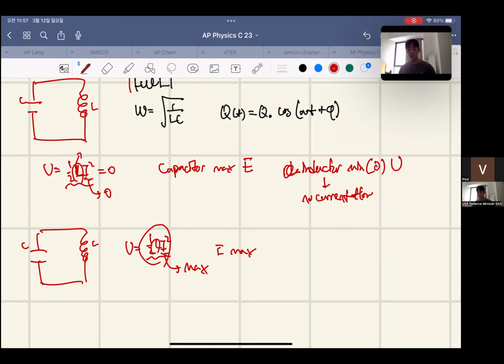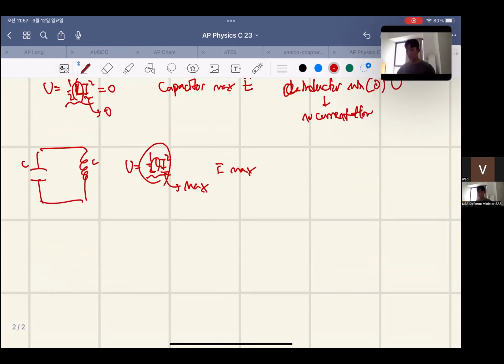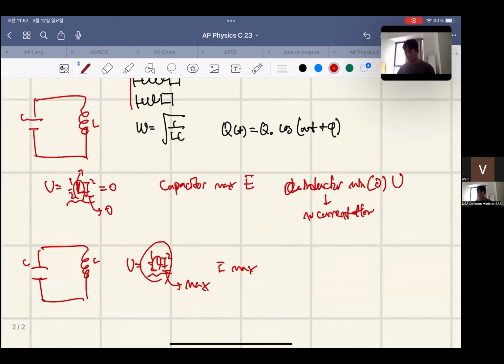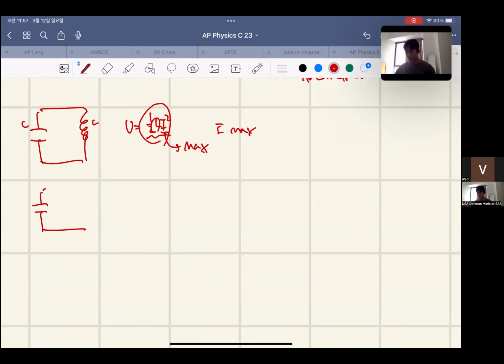Now let's think about the middle case. What if both of them are half charged? What if the capacitor is half charged and the inductor is half charged? Well, in this case, I would be somewhere in the middle, in between 0, no current flowing, and I max, or maximum amount of current flowing.